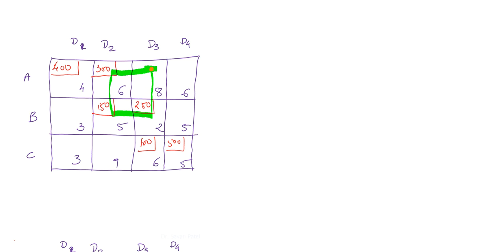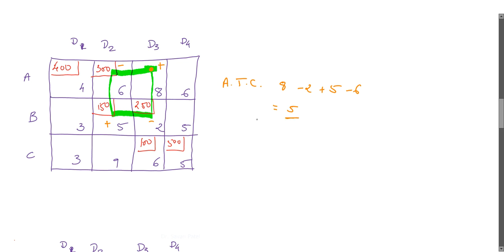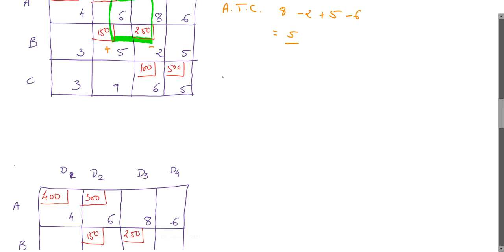Here we add, there we subtract, then add, and subtract. So the additional transportation cost is 8 minus 2 plus 5 minus 6. That is 6 minus 6, which is 0, and plus 5, so it is 5. So the additional cost of transporting from A to D3 is an extra plus 5. So we will not go for that.